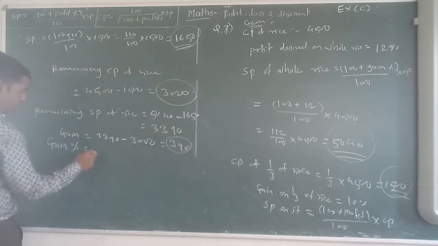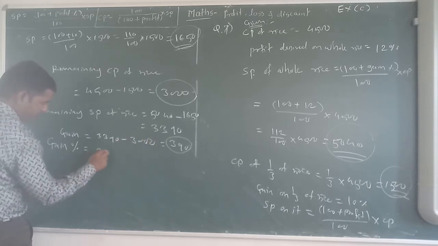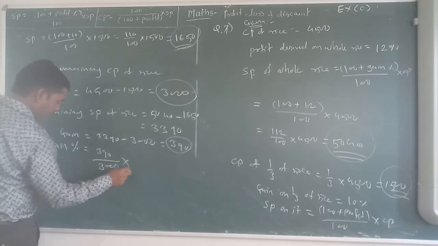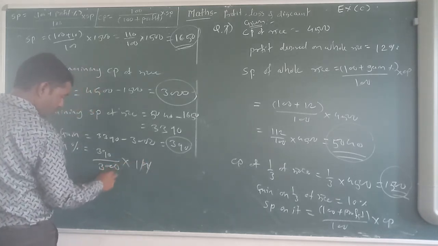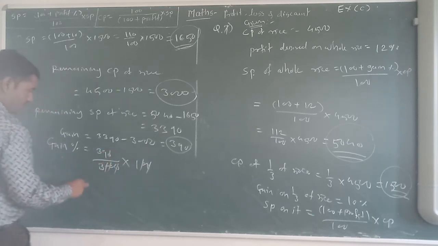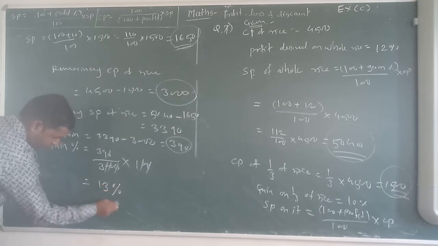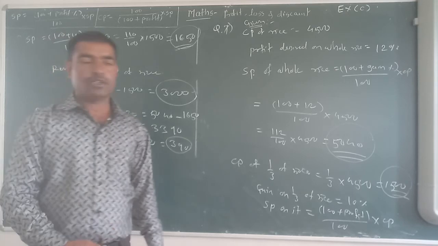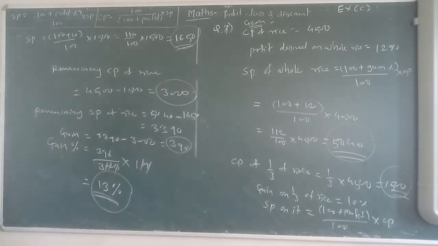So gain percentage is equal to gain upon CP, that means 390 upon 3000 multiplied by 100, so 1 2, again 1 0 cancel, 39 into 3, which will be the 13%. On the rest of the rice he has to gain 13%, then he will get this amount of profit. Okay, that means you have understood it. If you have not understood, you can see the video again.